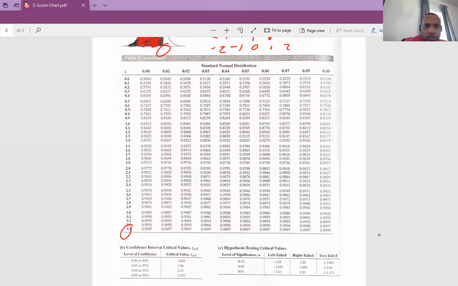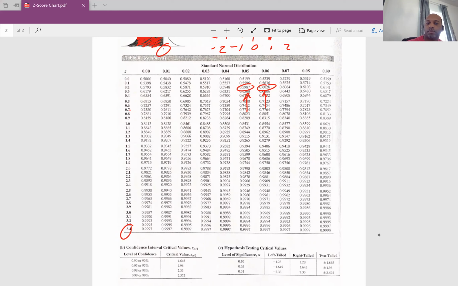All right, so we're looking for 0.6. If you notice right here, it goes from 0.5987, then it jumps to 0.6026. Now this one is 0.0013 away from it, and this one is 0.0026 away from 0.6.